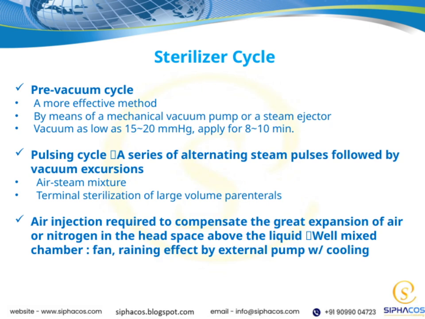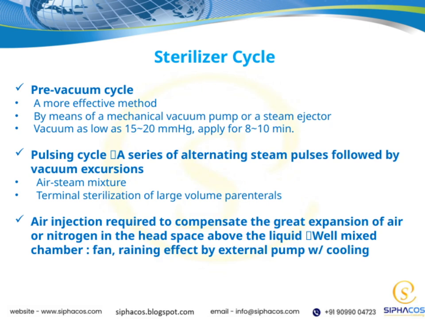Moving on to the pulsing cycle, this involves a series of alternating steam pulses and vacuum excursions. This cycle is particularly useful when sterilizing large volume parenterals, as it helps to remove residual air and improve the effectiveness of the sterilization process. During this cycle, an air-steam mixture is introduced, which helps displace trapped air more efficiently. Additionally, because of the significant expansion of air or nitrogen in the headspace above the liquid, an air injection is often necessary.